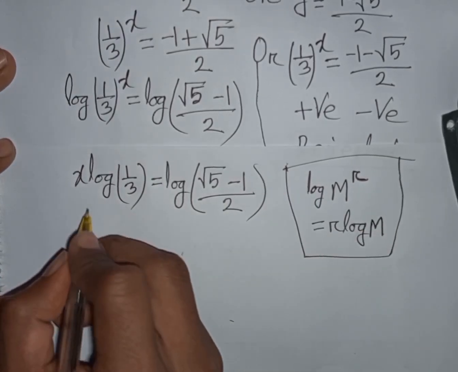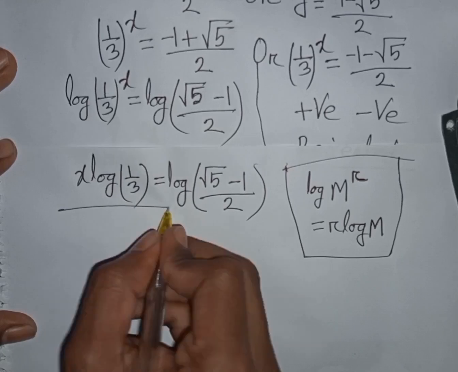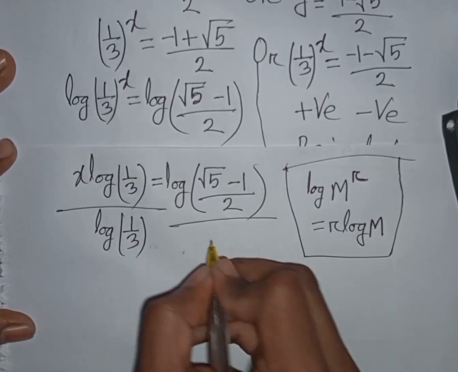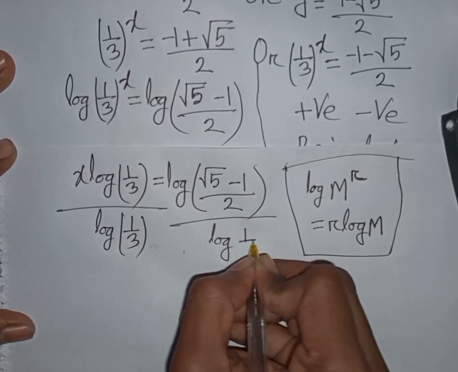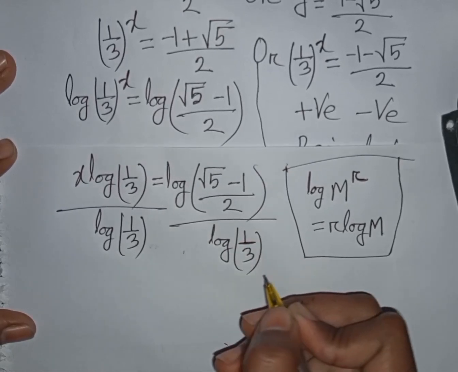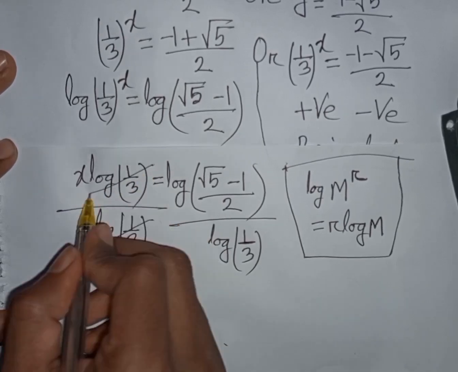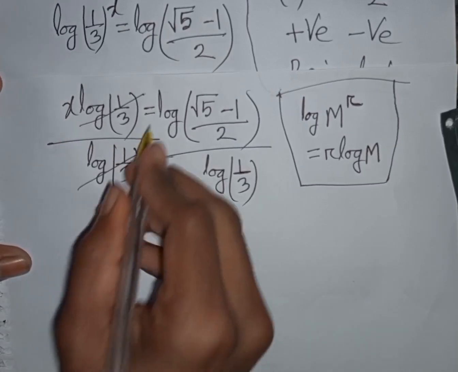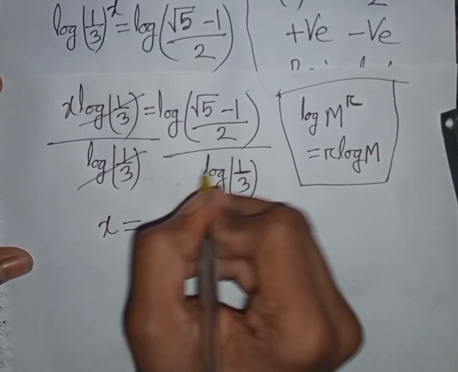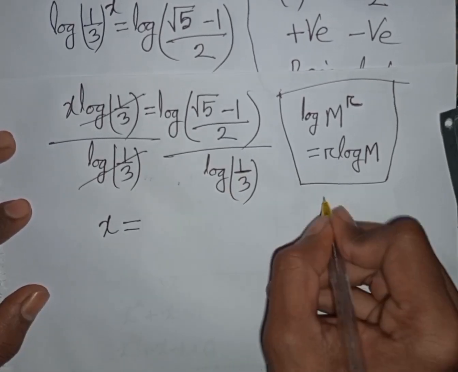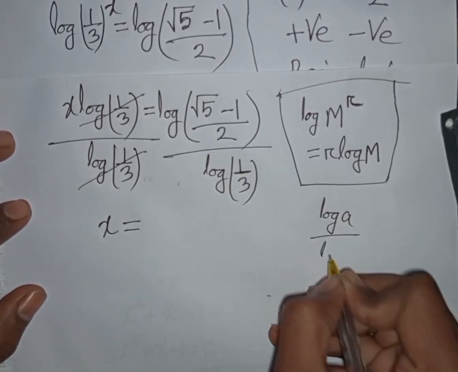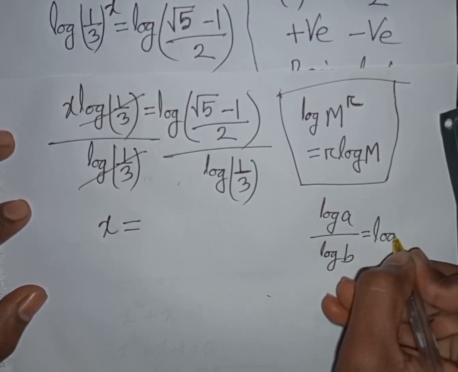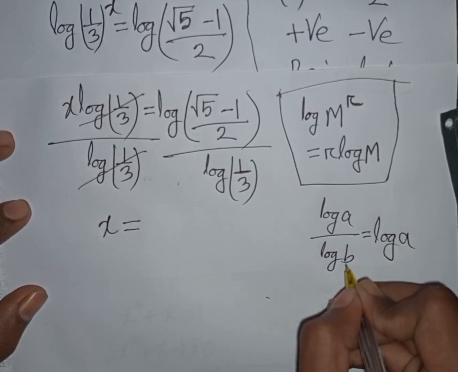Now we need the value of x, so we divide by log of 1 by 3 on both sides. Now we see this log of 1 by 3 will be cancelled. So here x will be equal to this divided by this. That means here I can apply this formula, log a divided by log b is equal to log a base b.